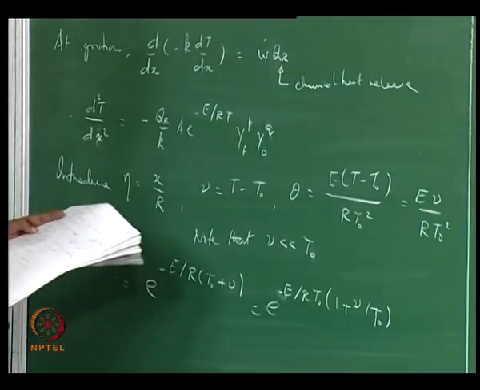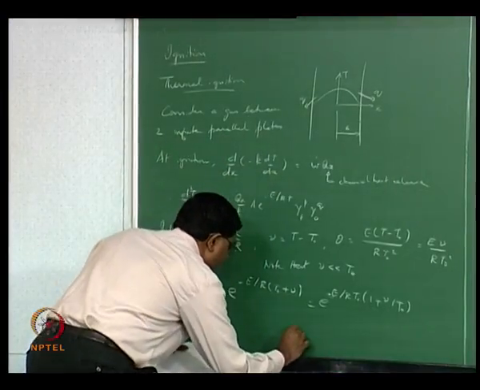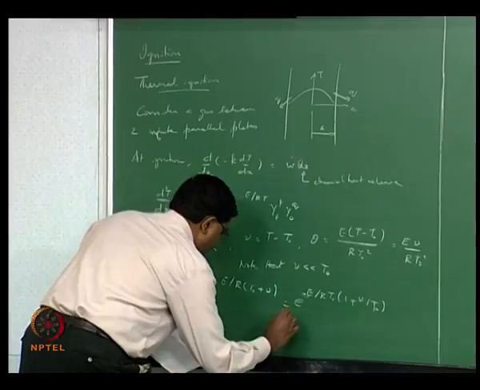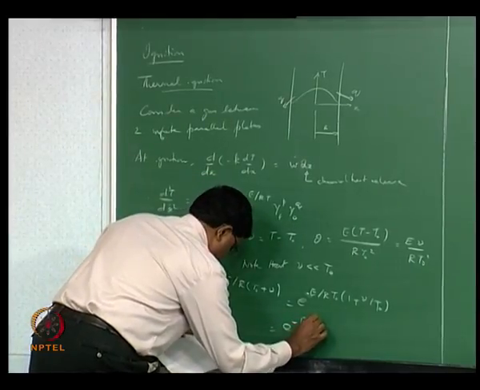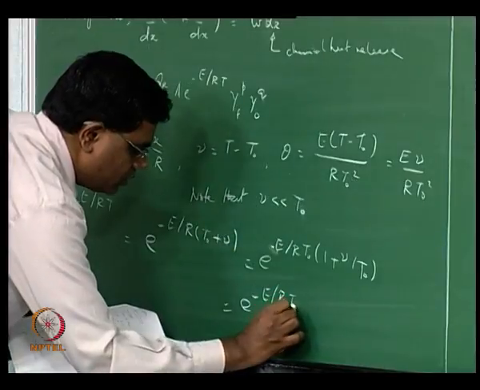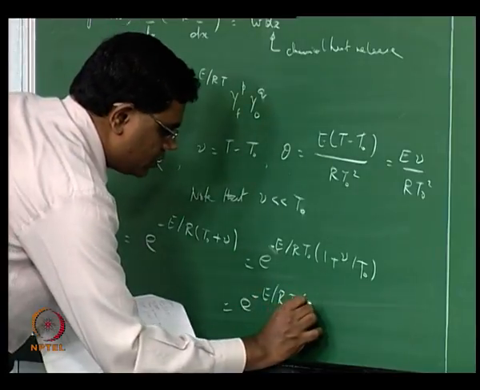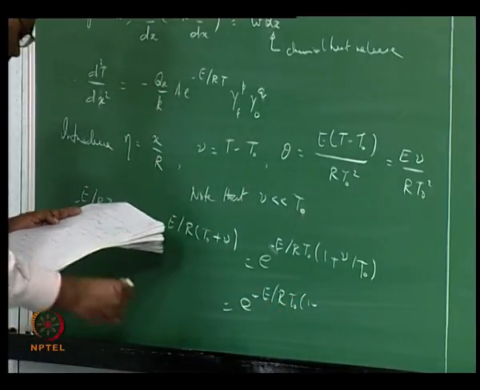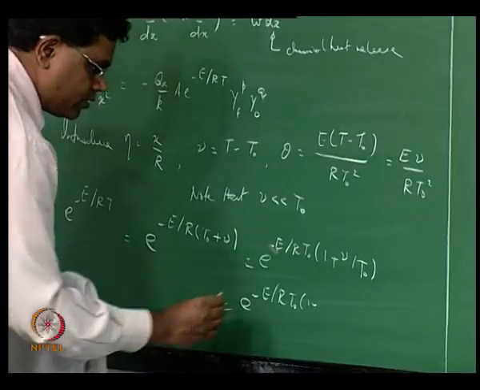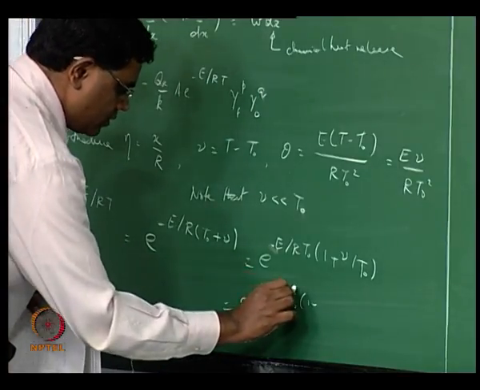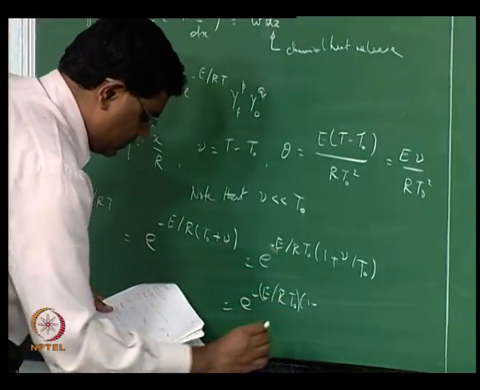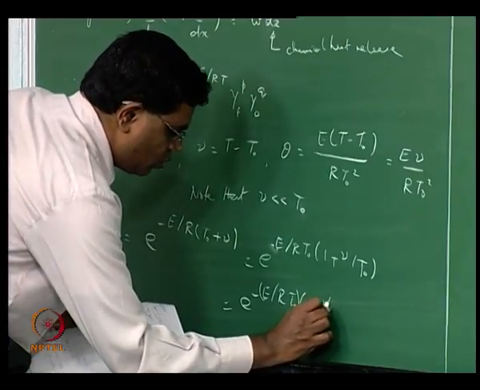So this would be exponential of E over R T naught times (1 minus nu over T naught); I should have a parenthesis here.